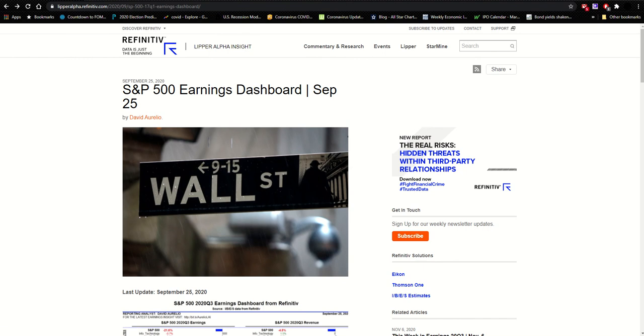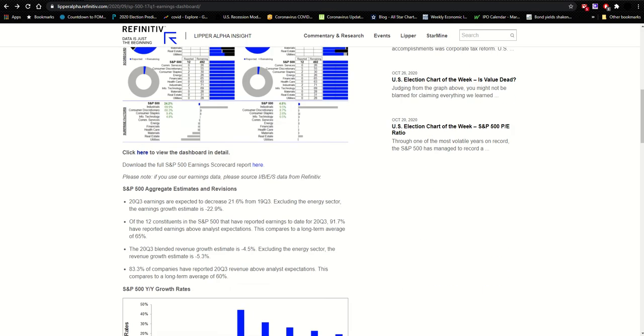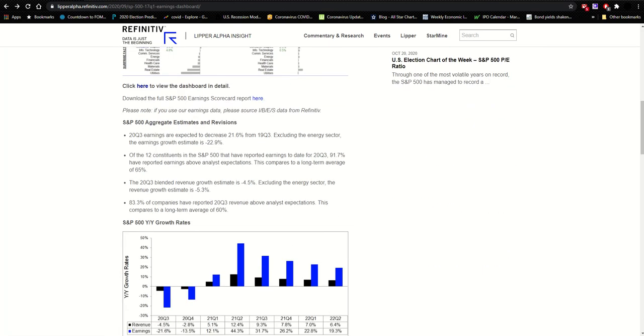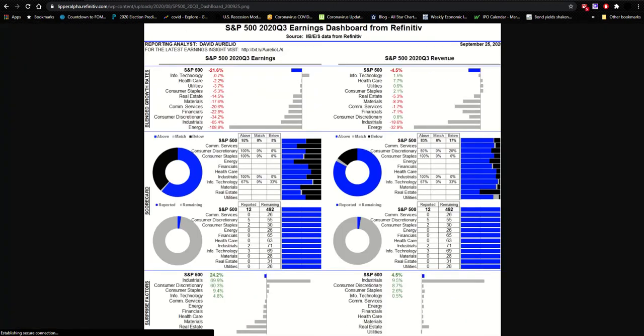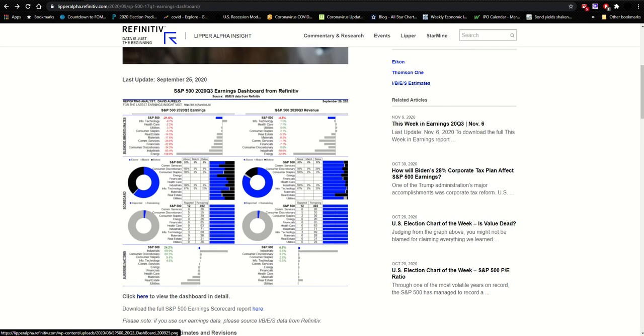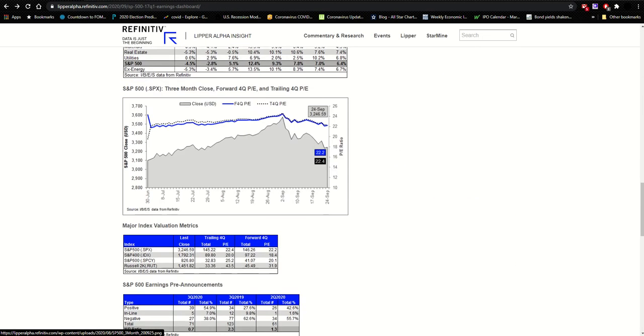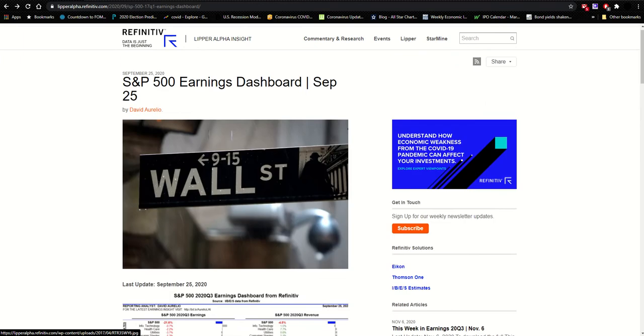So I find that really great because EPS revisions are great to see how things are moving into the future. And you can get things like these here, which are great just to see visually what is going on. So that's another great weekly thing you can have a look at.